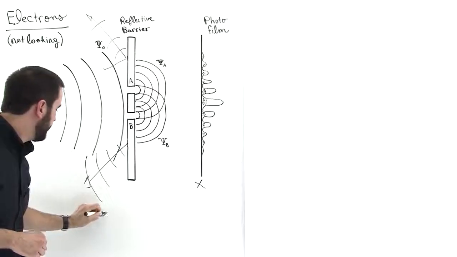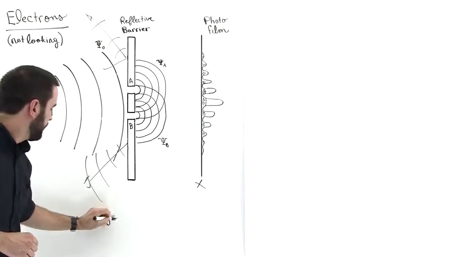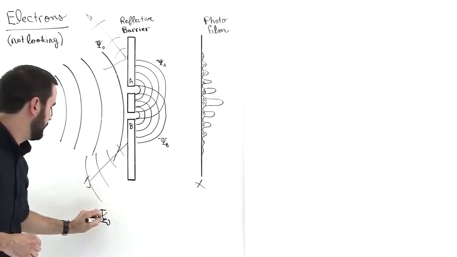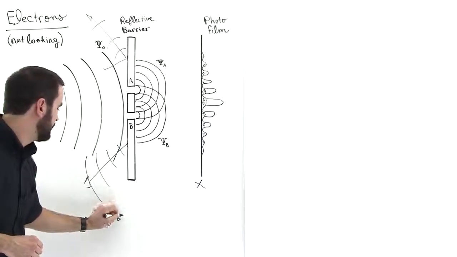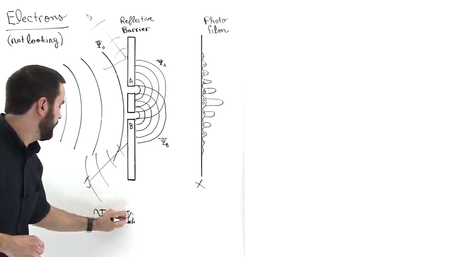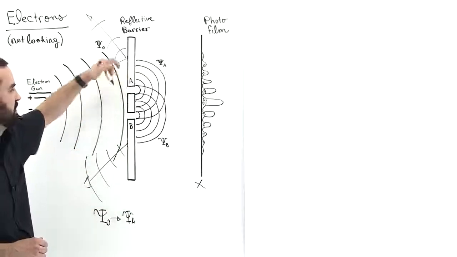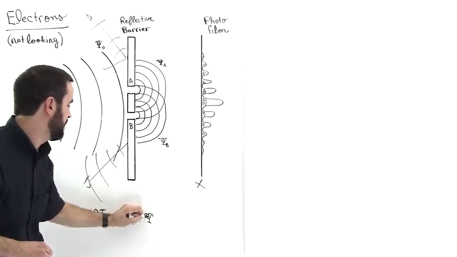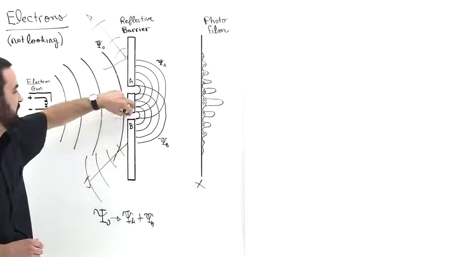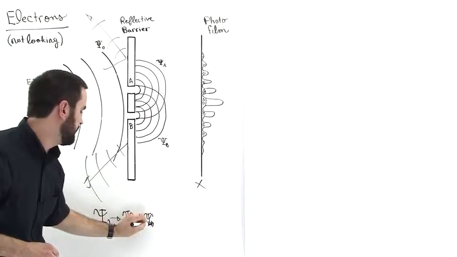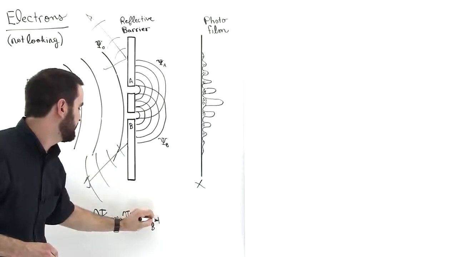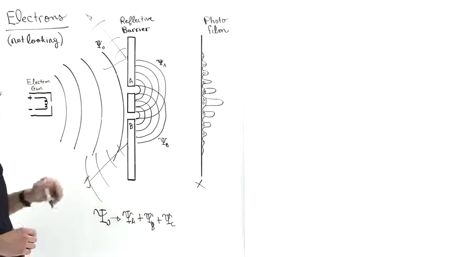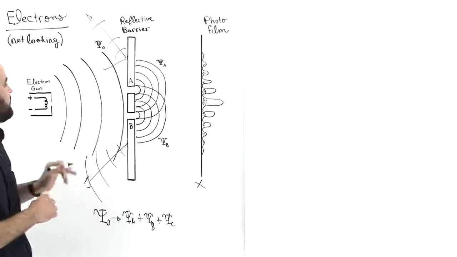So then psi naught will give rise to, I'll use an arrow to describe that, will give rise to psi A, the amount of the wave that was diffracted through slit A, plus psi B, which represents the amount of the wave that was diffracted through slit B, plus psi C, the amount that was reflected back and didn't make it through the barrier at all.